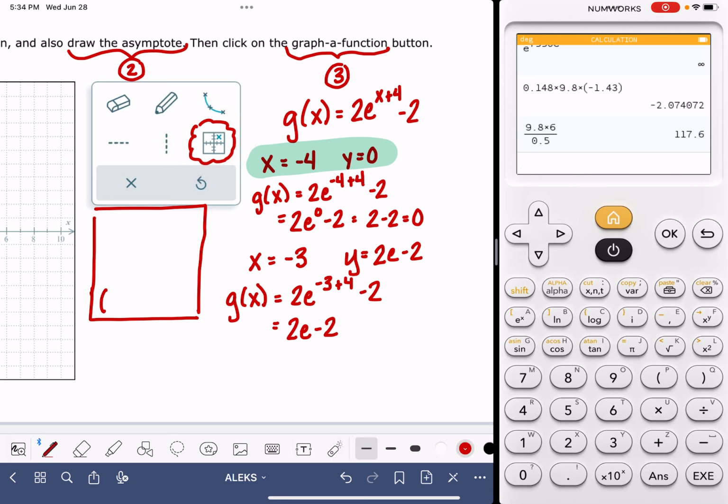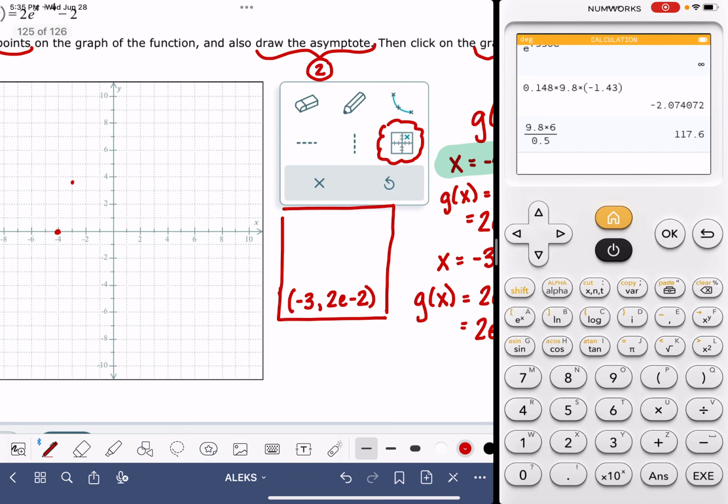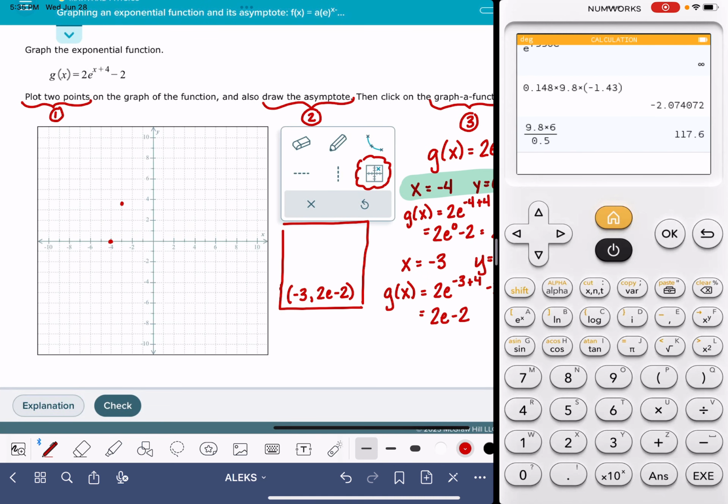So open up that window and enter in your x value as -3, your y value as 2e minus 2. Make sure you hit that plot the point button, and it is going to plot that data point for us, and that data point is right around here. And so that is step number 1, plot the 2 points.